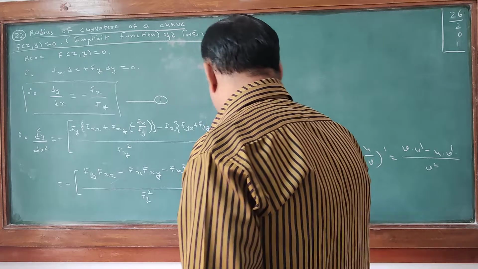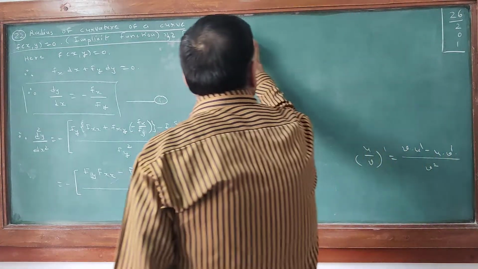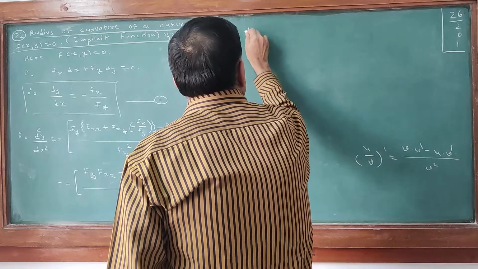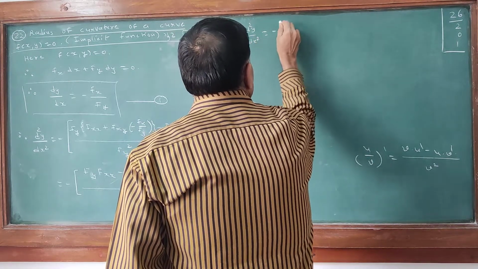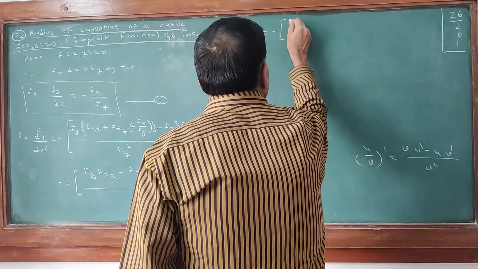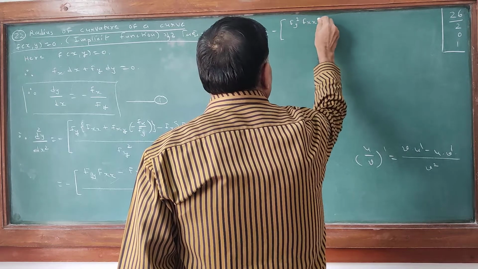No meaning of this bracket. So d square y by dx square is minus sign fy square f of xx.